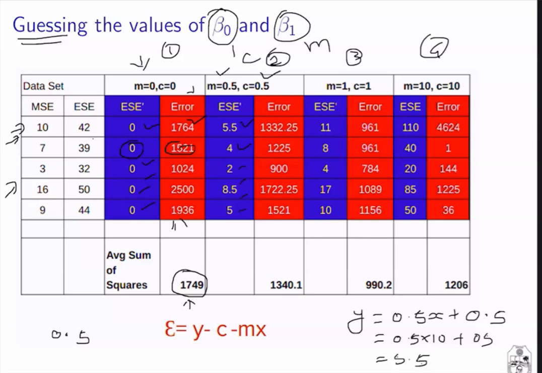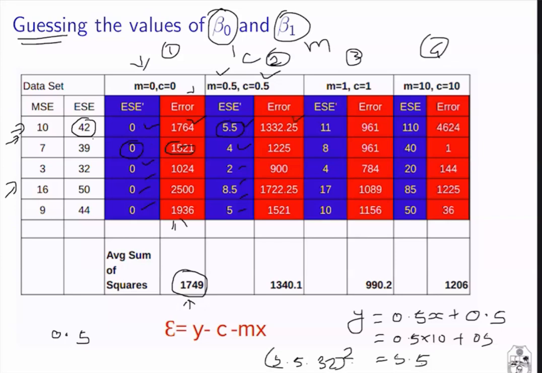Now, as in the previous case, I have calculated the error. Here the predicted end semester exam value for the first data point is 5.5, and the true value of the end semester examination is 32. So the error is 5.5 minus 32, whole square, which is this much.